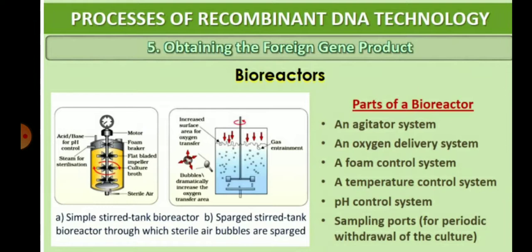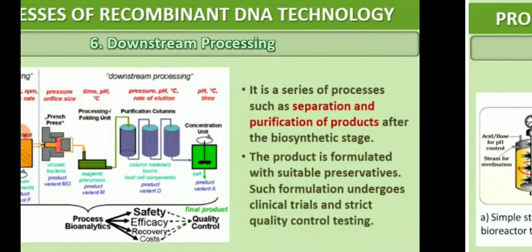So children, the parts of the bioreactor are the agitator system, oxygen delivery system, foam control system, temperature control, pH control, and sampling ports. It is a very important topic because generally the examiner asks questions from the topic of bioreactors and asks you to draw a well labeled diagram of the bioreactor. It is very important, so learn it carefully.